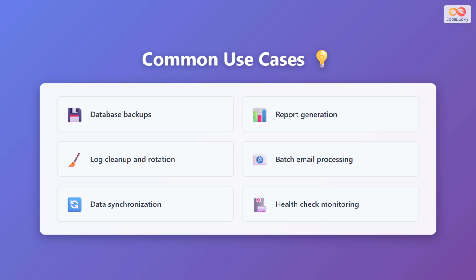Batch email processing allows you to send newsletters or notifications at scheduled times. Data synchronization tasks can keep multiple systems in sync by running periodic updates. Health check monitoring jobs can regularly verify system status and send alerts when issues are detected. These use cases demonstrate how CronJobs automate operational tasks that would otherwise require manual intervention.